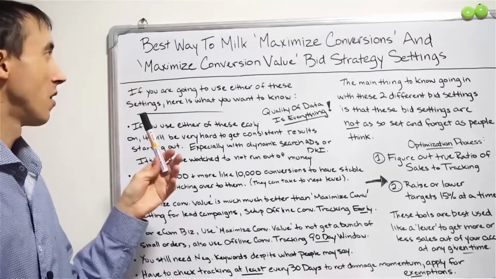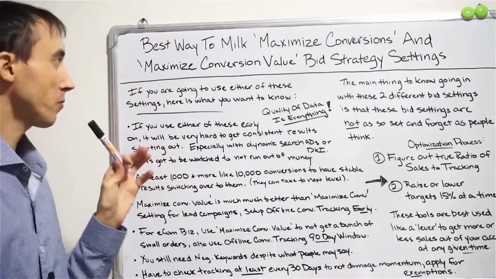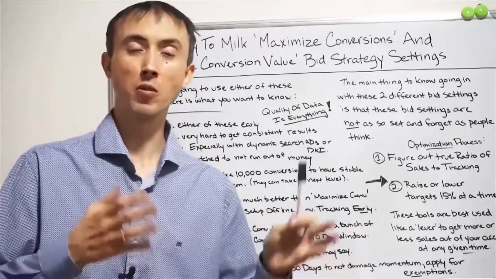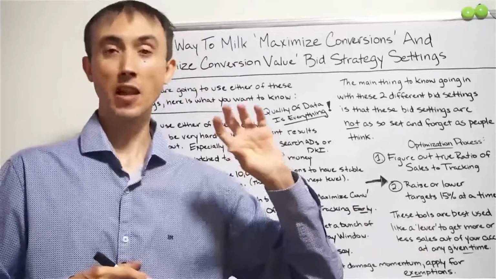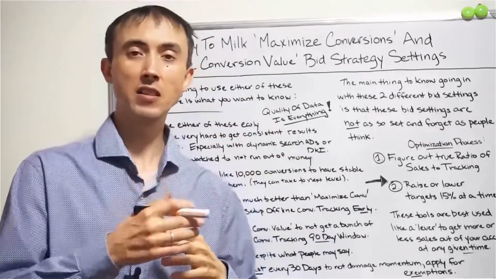Maximize conversions is not very good, in my opinion, in general for lead generation without having the actual lead quality data, like whether the lead was qualified at the very least.